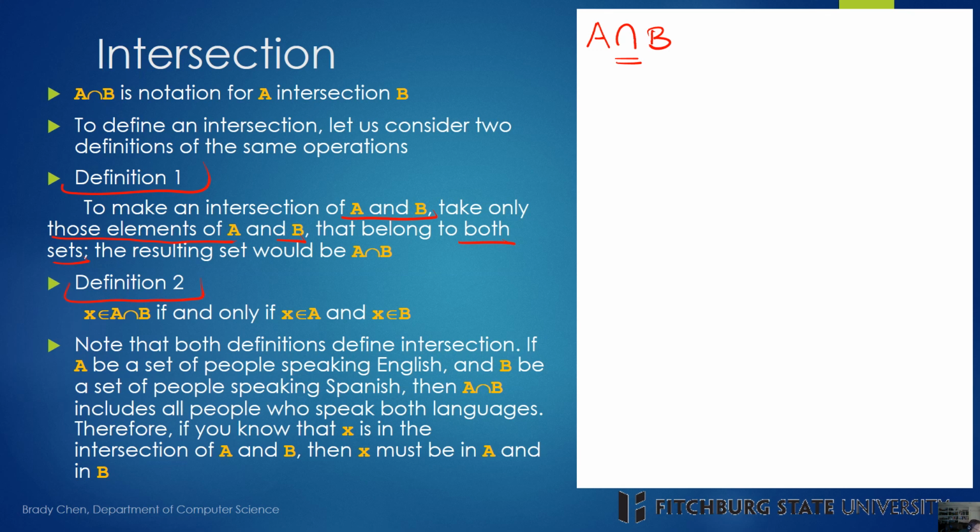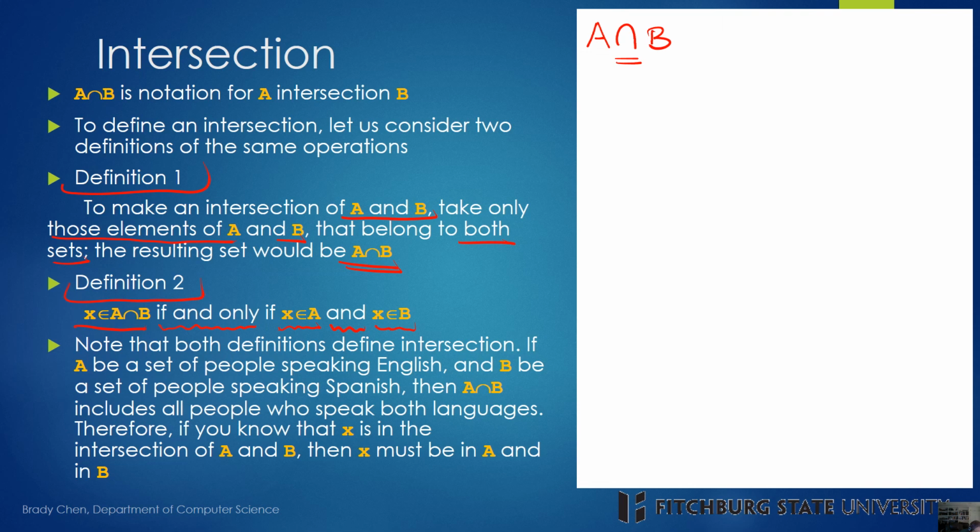The resulting set will be A intersection B. Or we can use another definition. Definition 2 says, an element X belongs to A intersection B if and only if X belongs to A and X belongs to B.